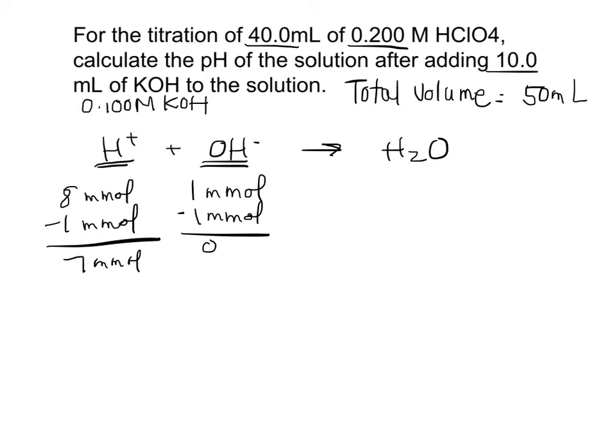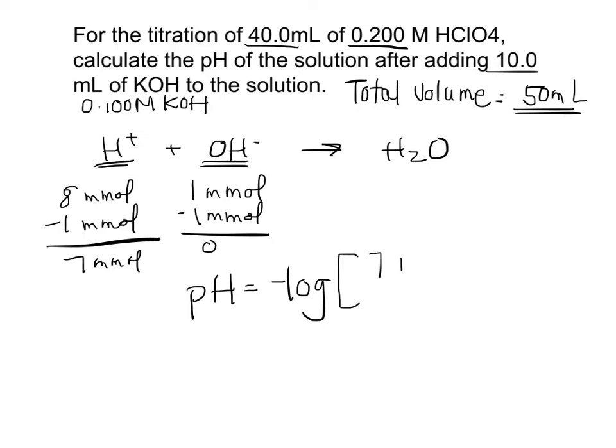Okay, so now I'm going to put it all in one formula. You guys know that the hydronium ion concentration is going to equal the molarity of the acid. I have 7 millimoles of acid, and there's my total volume. So pH equals the negative log of my concentration of the acid that's left over.